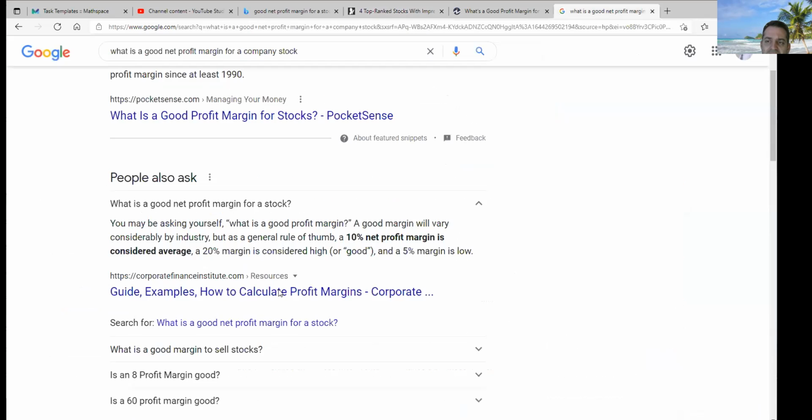And according to google.com, a good margin is 10% is average, 20% is considered high or good, and a 5% margin is low. So before you invest, you may want to consider the net profit margin, and that'll tell you the strength of the company.